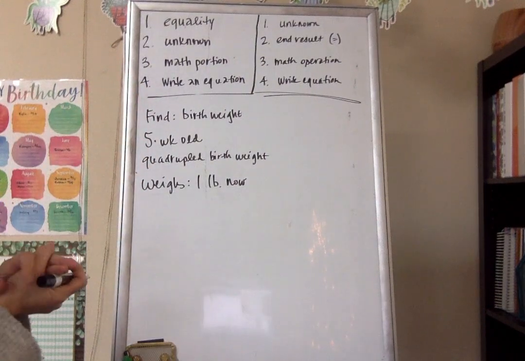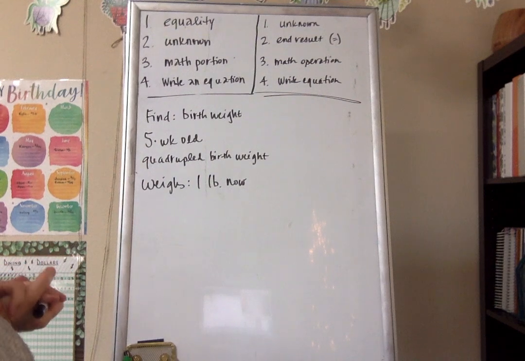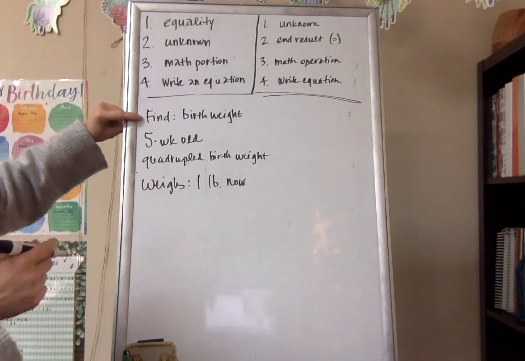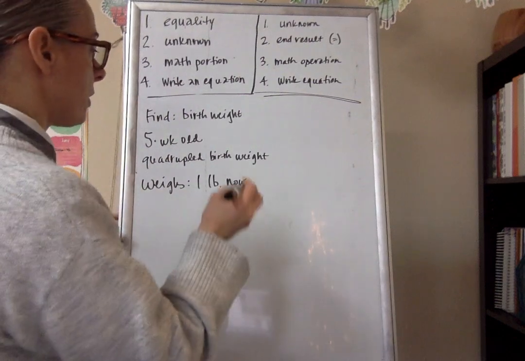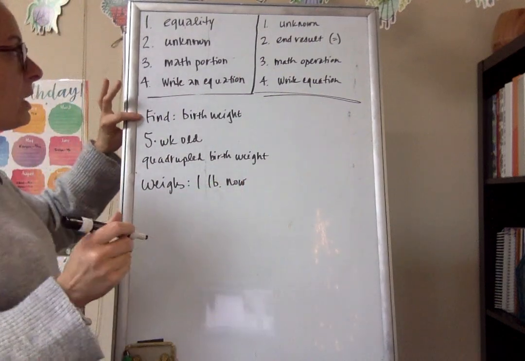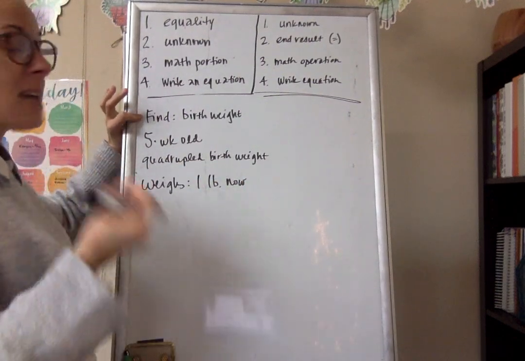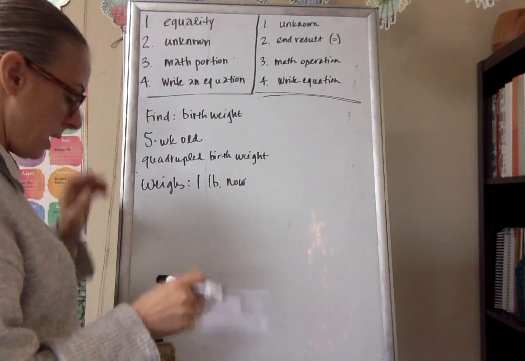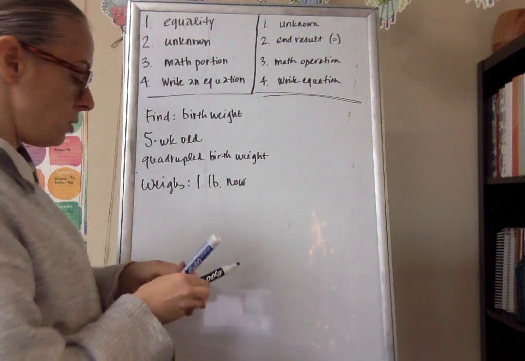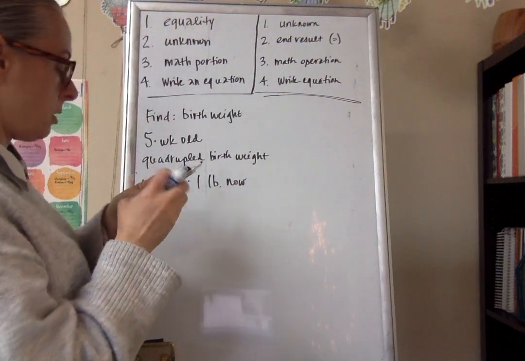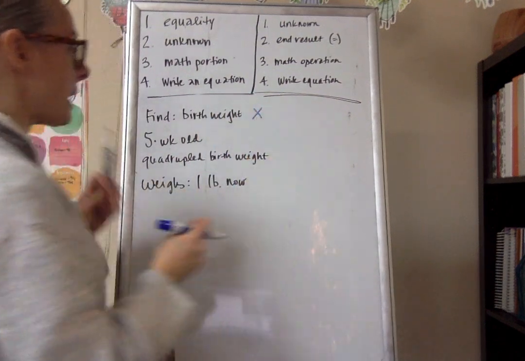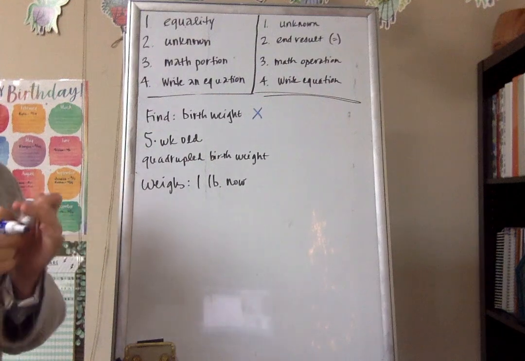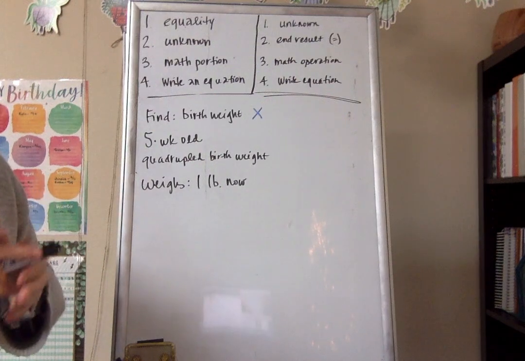So the first thing that we want to know is identify the unknown. Well, that's the birth weight, right? We don't know what this kitten weighed at birth. So we're going to find our unknown and assign a variable to it, okay? Let's use a different color here. So we're going to say that's X. The birth weight is X. I don't know how much this kitten weighed, right?